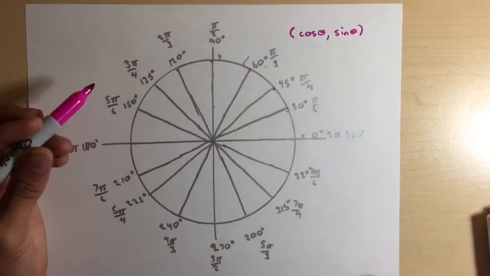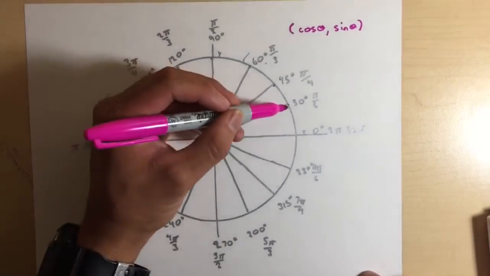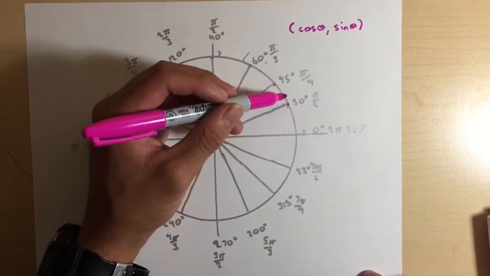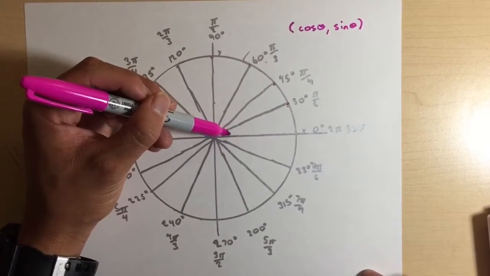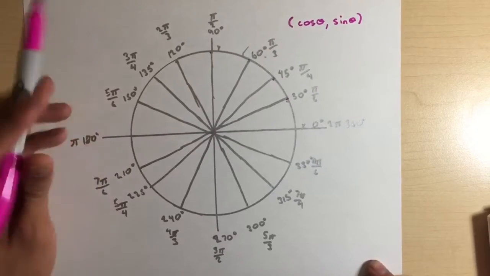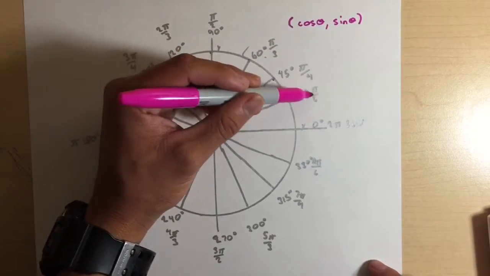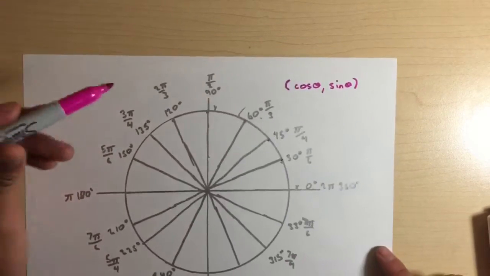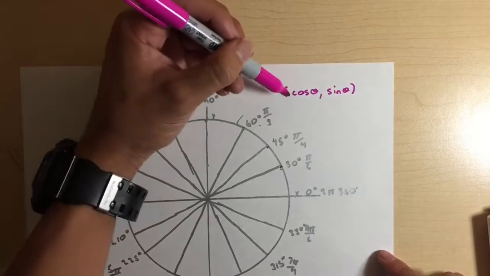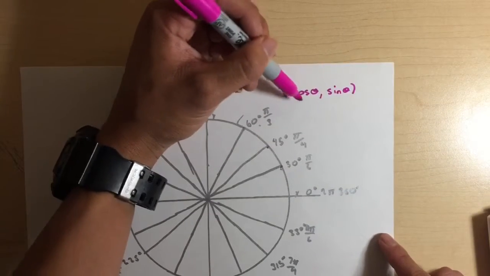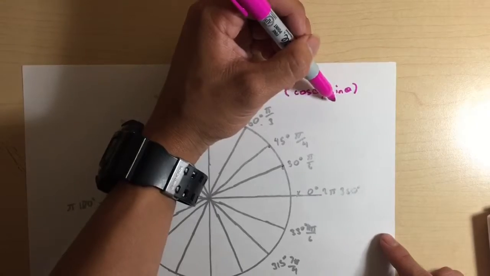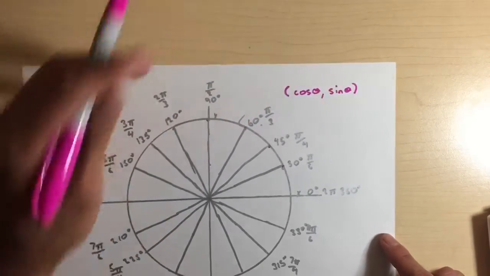Alright, so now we're going to begin solving for the coordinates of each angle. So we can start with 30 degrees and pi over 6. Remember that as early in the video, x equals cosine theta and y equals sine theta.